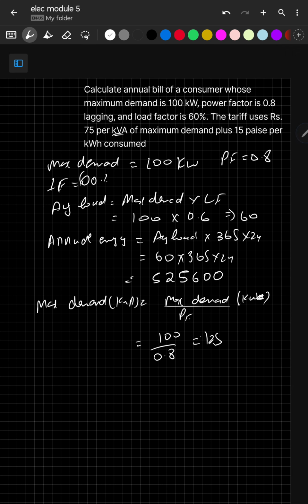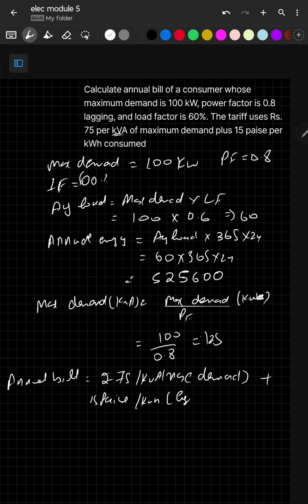So the energy bill, we can write as the annual energy bill. So annual bill is equal to rupees 75 per kVA of max demand plus 15 paise per kWh of energy consumed. That is equal to rupees 75 into 125 plus 15 paise.